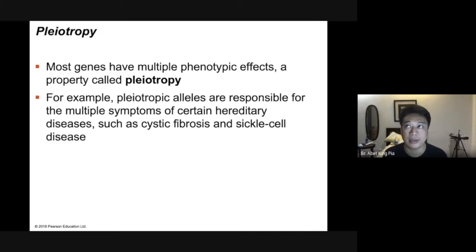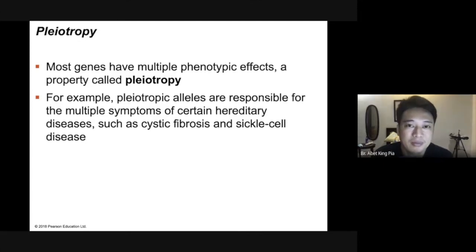So, medyo familiar ako sa sickle cell. Pag sa cystic fibrosis, ano siya? Ito yung sakit na maraming talaga symptoms na makikita. Itong mga examples ng pleiotropic alleles, kasi mamaya sa cystic fibrosis, i-discuss ko rin naman, pero marami siyang iba't ibang symptoms, from yung degenerate yung muscles, ganyan.